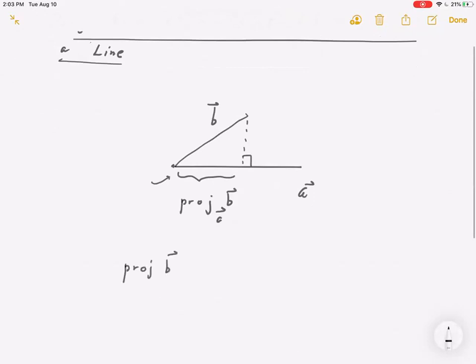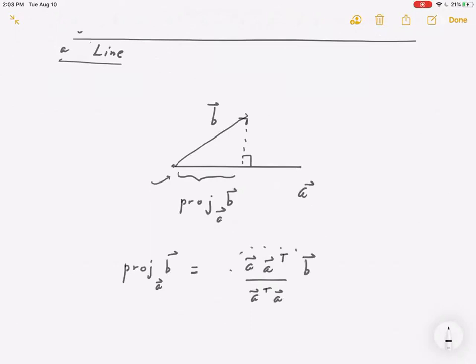And so we showed at least two different ways that the projection of the vector B onto the line A is given by this interesting expression. So all you need to know are vectors A and B.